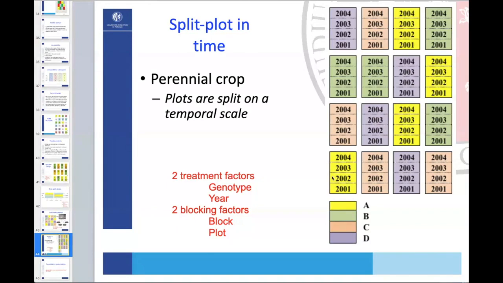So here we have one genotype, here we have one genotype, here we have the same genotype, and here we have the same genotype. What type of design is this? Do not consider the splitting, just consider the genotype.